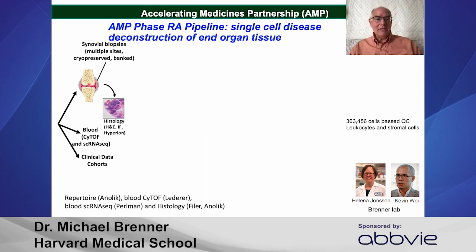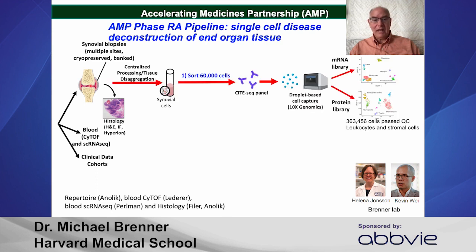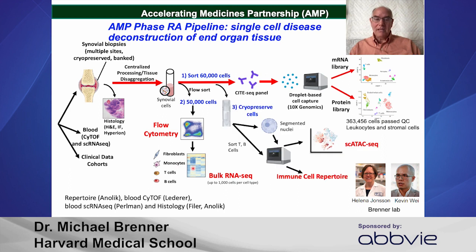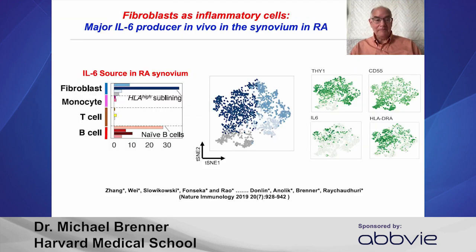For RA, samples are taken from biopsies at many sites around the country and in the UK. Then the cells are subjected to a pathway for single-cell RNA sequencing, shown across the top. They're also sorted for bulk RNA sequencing, and for ATAC-seq, which looks at chromatin state and at immune repertoire. I'll show you just a little bit of data from this consortium relevant to the fibroblasts and our story today.